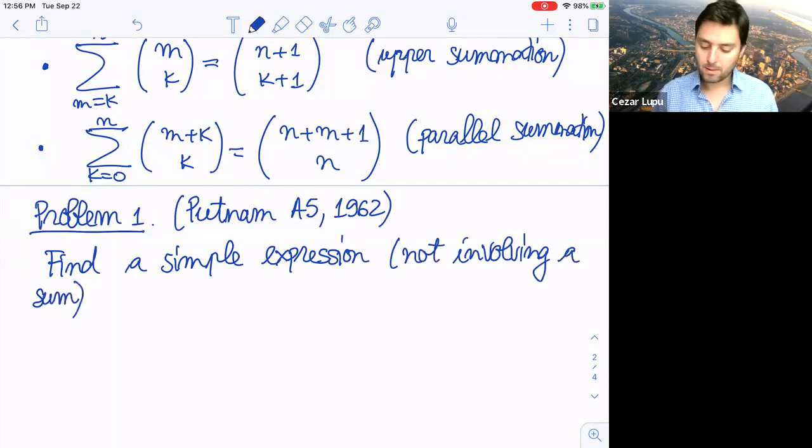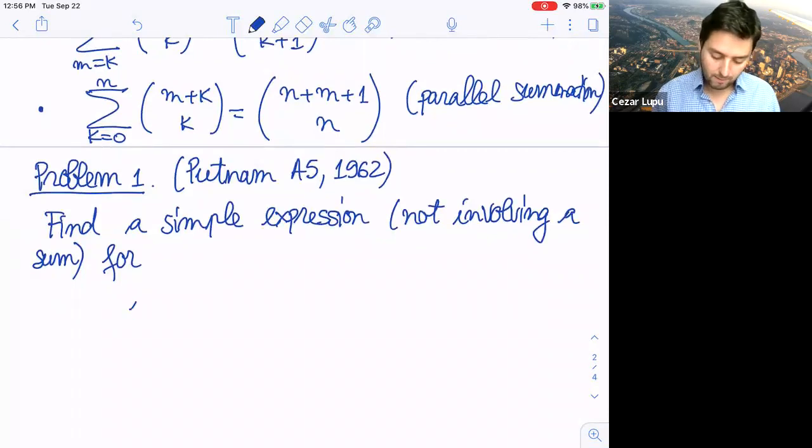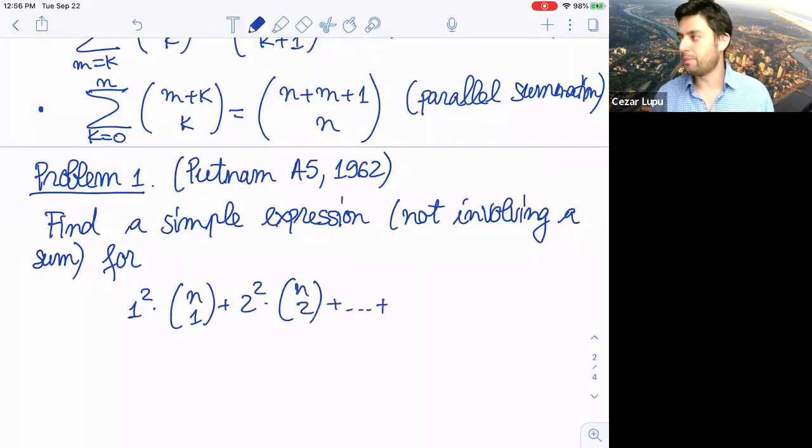So the problem says the following: find a simple expression, well, not involving a sum, for the following. And let me write it in this way: 1 squared times n choose 1 plus 2 squared times n choose 2 plus so on plus n squared times n choose n, right?